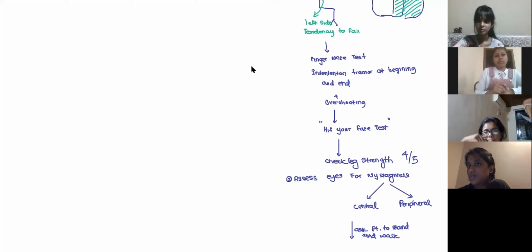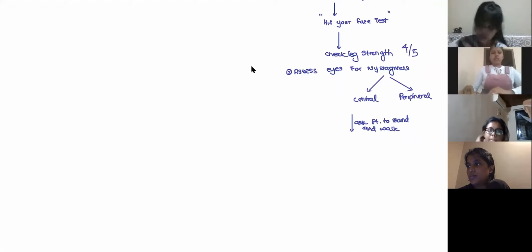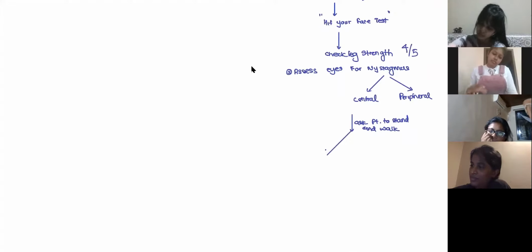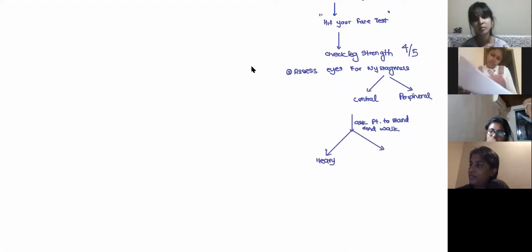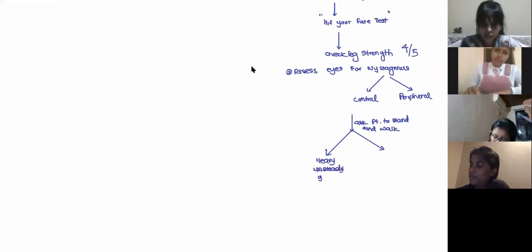You are still not sure if it is a vermis damage or if it is an appendicular damage. If he has heavy, unsteady gait, oh wait, it's wide gait. This is, can someone tell me, where is the damage?